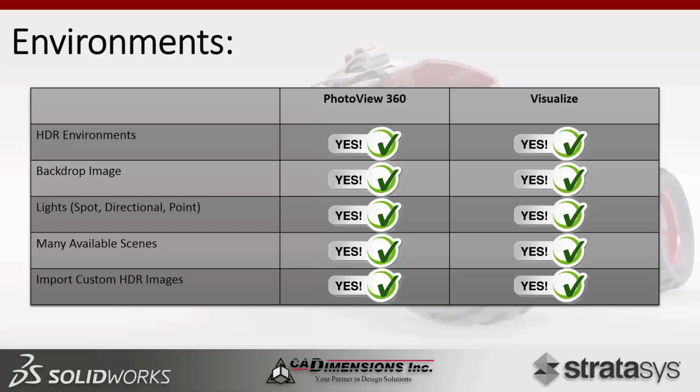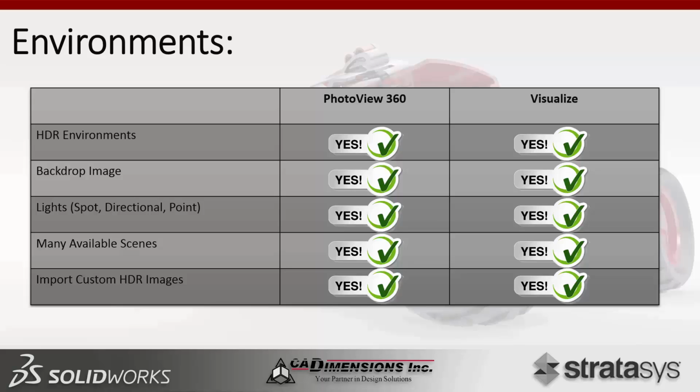Both of them do have the capability to add in lights wherever you would like them. You can move them around. Of course, you've got spot, directional, and point lights in both PhotoView360 and Visualize. They both have several scenes available. I didn't actually count them up, but you've got a lot of scenes to work with in both software packages, and you can download more on both sides.